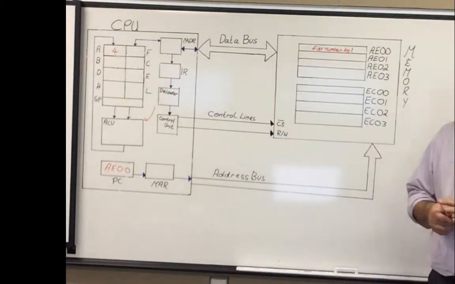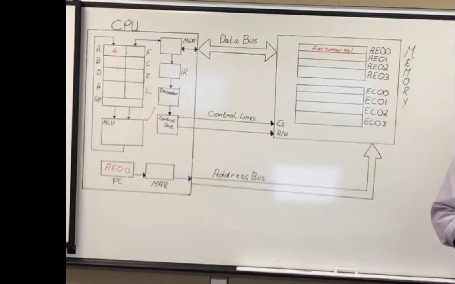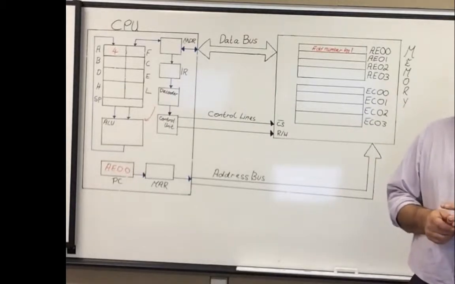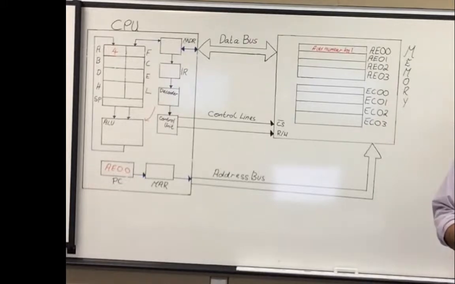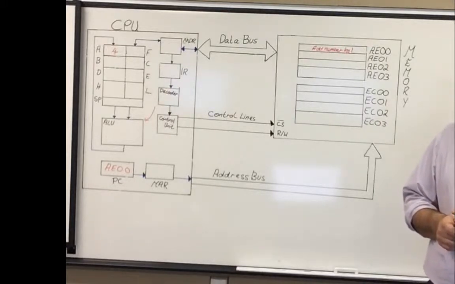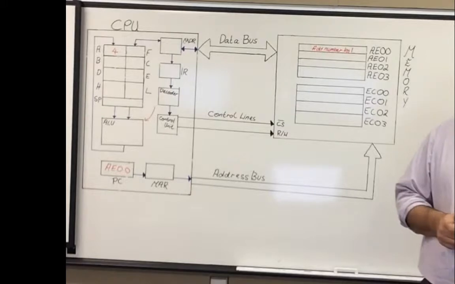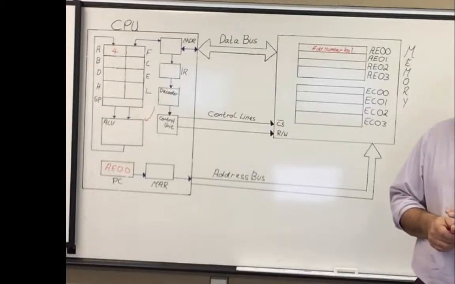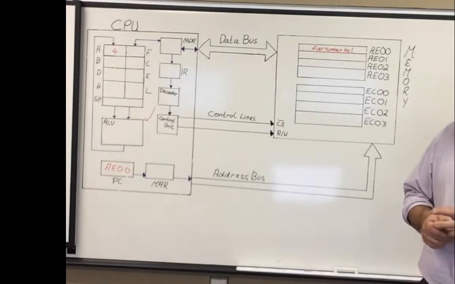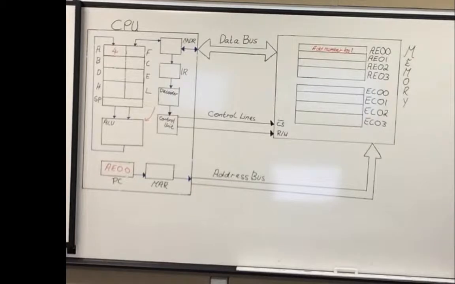Step 1 is to fetch the instruction. And as it says in your work booklet, the processor fetches the instruction from a memory address stored in a program counter and transfers the instructions via a data bus to an instruction register. So let me explain that. What we have here is RAM.